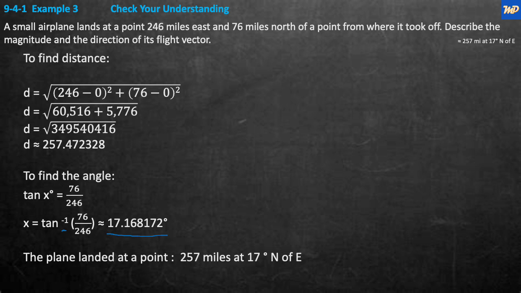So that means that the plane landed at a point 257 miles at 17 degrees north of east. So what does that look like? We have a compass like this, and we're north of east, so we're going out somewhere in this direction, and it's going to be very low, but 17 degrees is the angle, and the length of this is going to be 257.